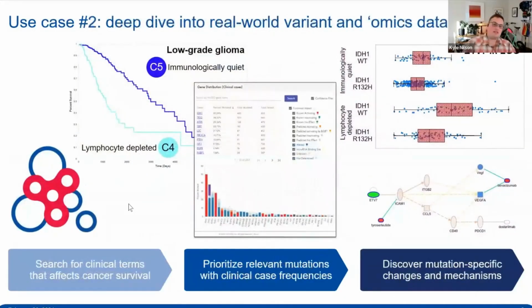The second use case that I'd like to talk about is instead performing more of a deep dive. In this case, this is starting with a use case in TCGA, where because of the immune landscape of cancer, we now know that host immune response plays a significant role in survival and prognosis.